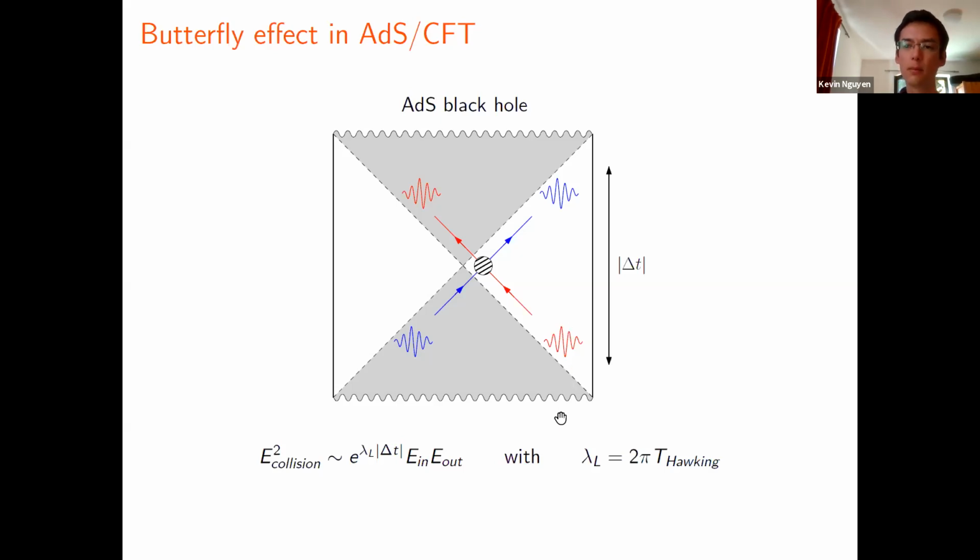And you can easily convince yourself that this exponent here should be the surface gravity of the black hole, or equivalently the temperature of the black hole. So this is a very heuristic way to understand where the exponential growth comes from. But I will derive this from first principles in the following.